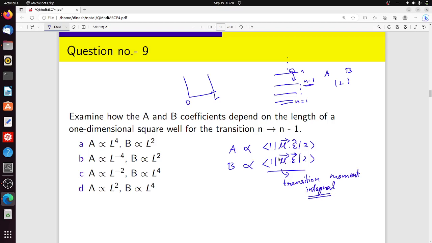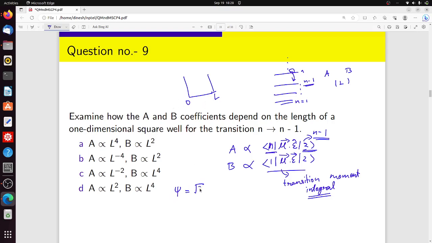Our state one is the n state and state two is the n minus 1 state. What are these states? These states are nothing but the wave function in that particular state. We know the general wave function for a one dimensional potential.